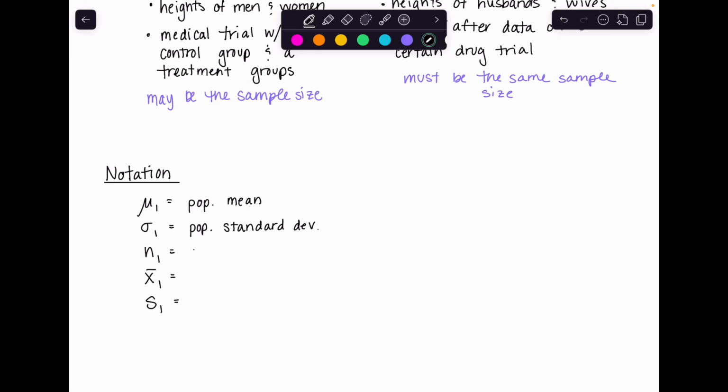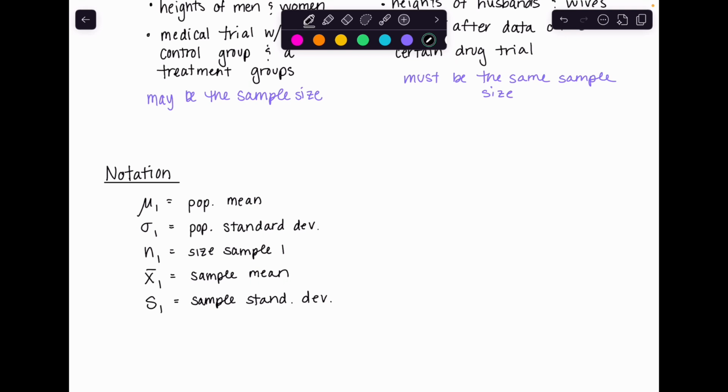N1 is the size of sample 1. X bar 1 is that sample mean. And S1 is the sample standard deviation. And then all of those, you can replace the 1 with a 2 for the second population, okay?